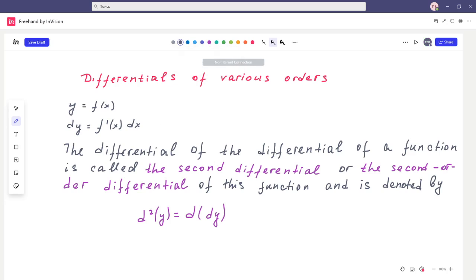Let us find the expression for the second differential. By virtue of the general definition of a differential, we have d second y equals (f prime of x times dx) prime times dx.